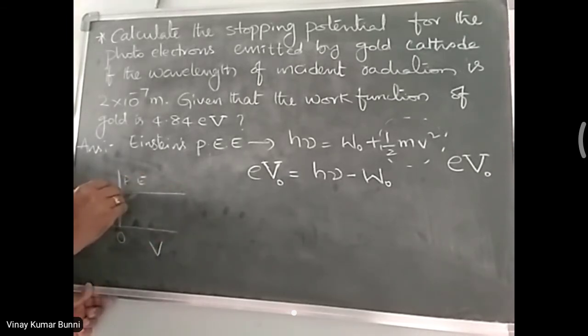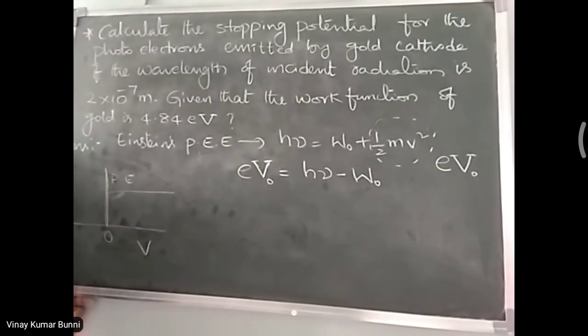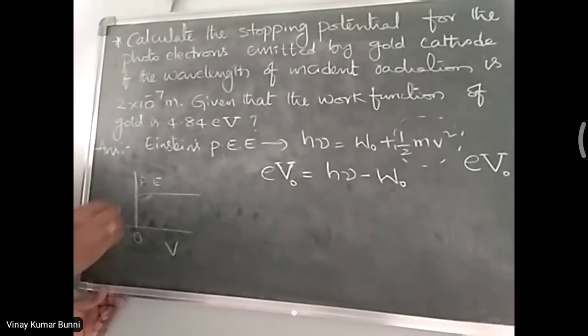When you increase the stopping potential value in the negative direction, you will reach a certain value, and at that value the photoelectrons will become zero. That potential value where the photoelectrons become zero is called stopping potential.